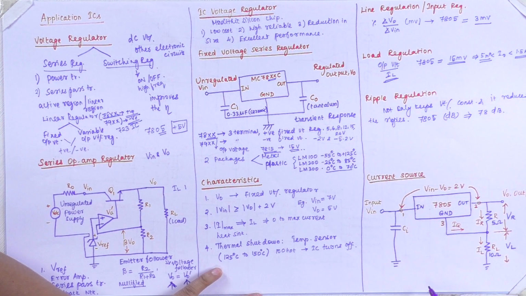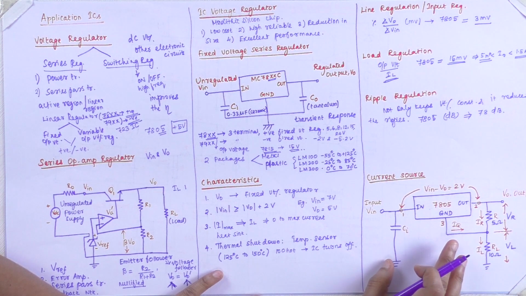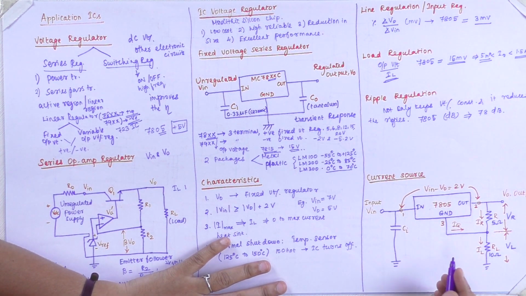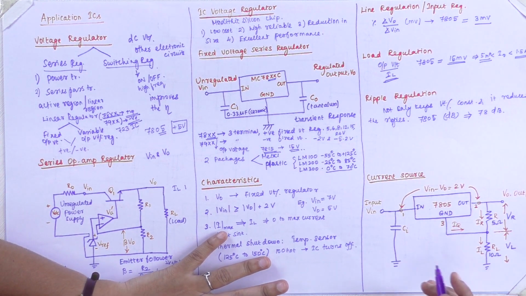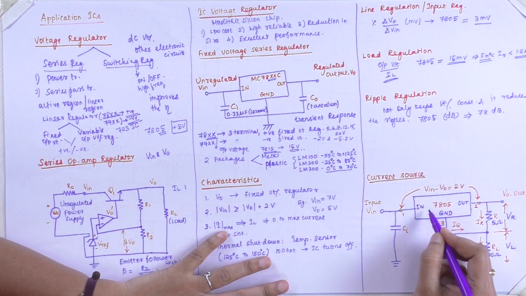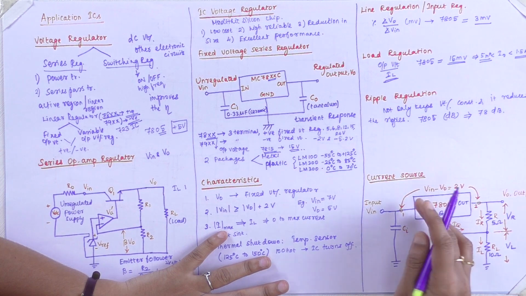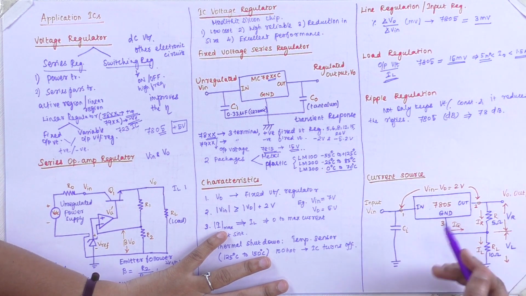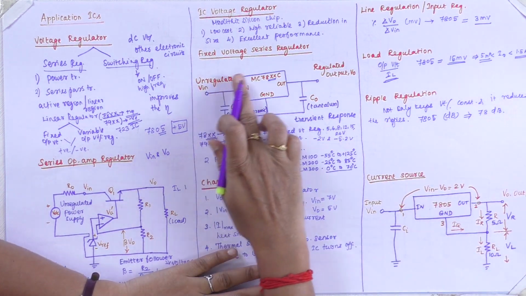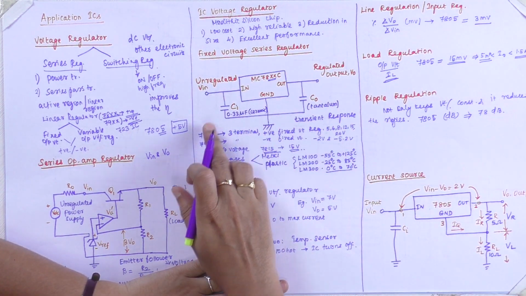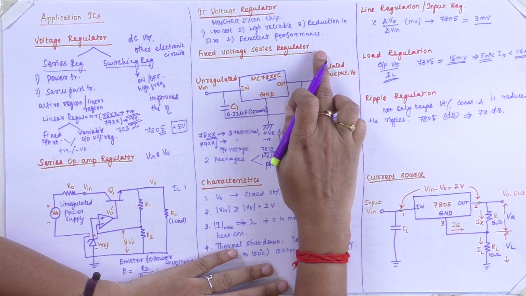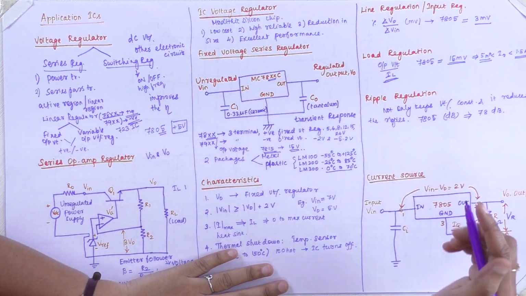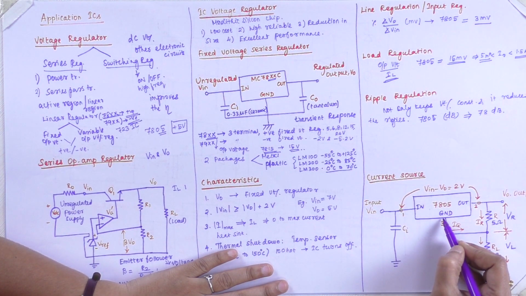Coming to the current source topic, here we are using a fixed voltage regulator as a current source. In this current source regulator, we have wired the 7805 between the unregulated and the regulated output voltage. Similar to the fixed voltage series regulator, we have input, output, and ground terminals.